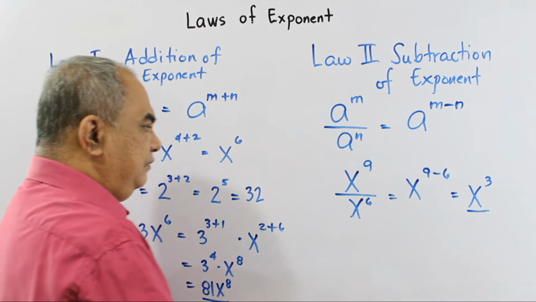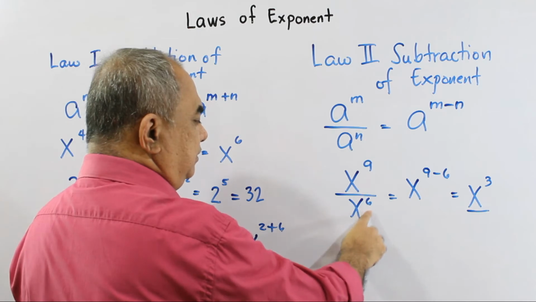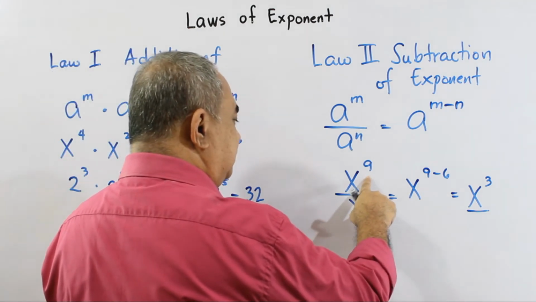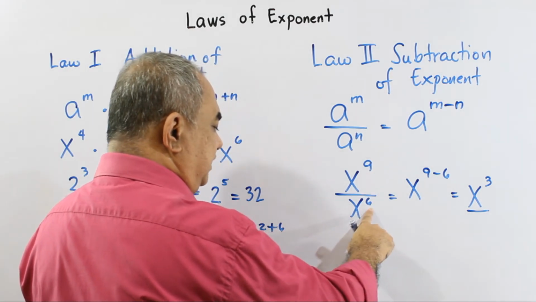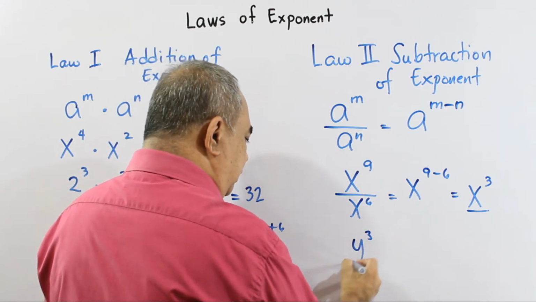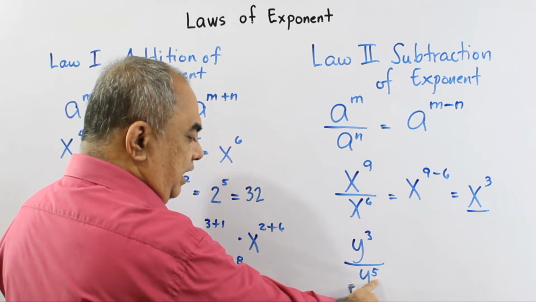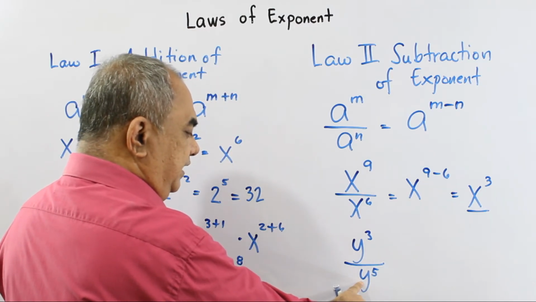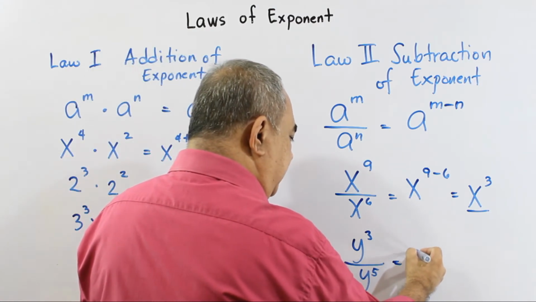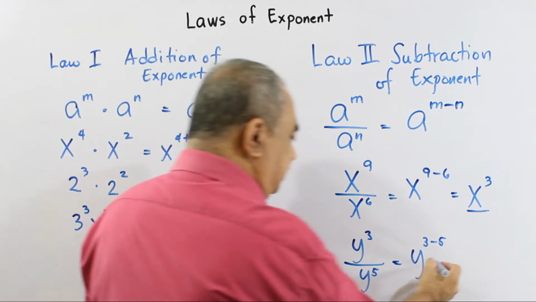But what if the exponents of these two parts here, the numerator and the denominator, become reversed, meaning the numerator's exponent is less than that of the denominator. Let's say, let's use another variable y cubed all over y to the fifth. You will notice that the exponent in the denominator of this variable y is greater than that of the numerator. So what do we do? We say y to the 3 minus 5. This will surely give us a negative exponent.